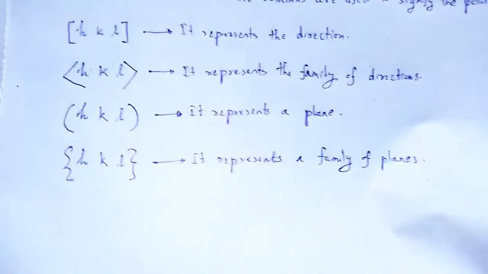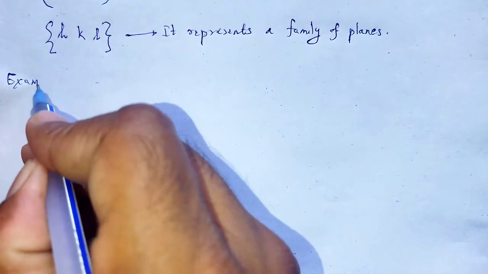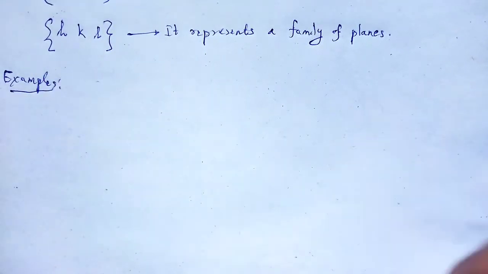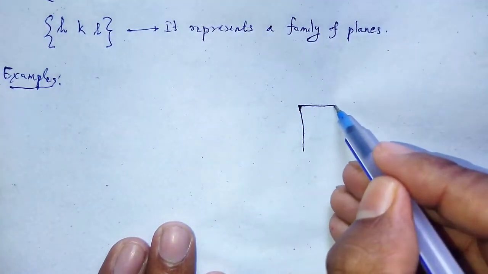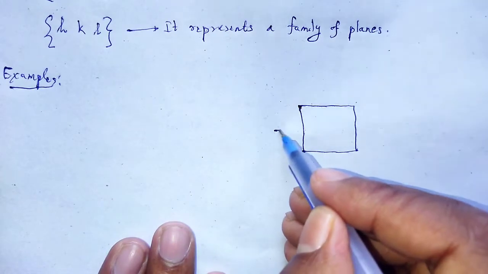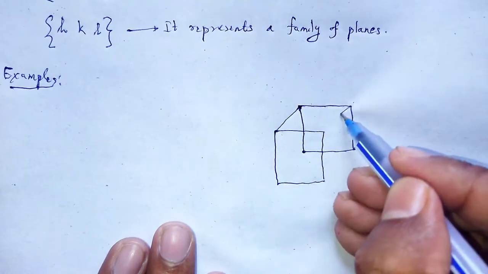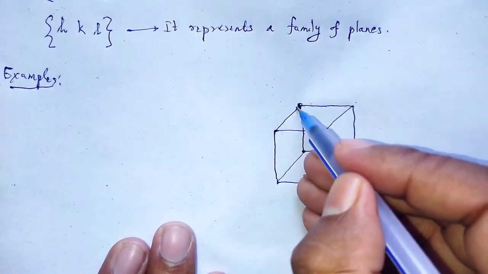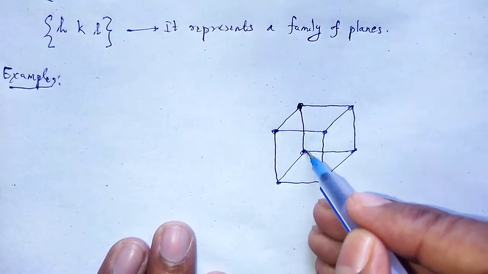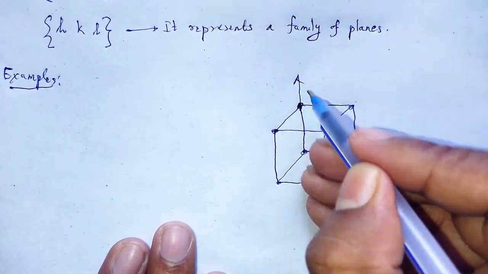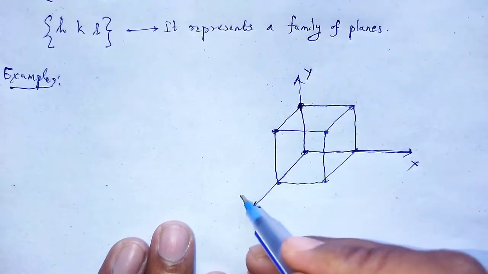Next, taking another example to show the Miller indices. There will be the lattice points, along the x axis, y axis and z axis.